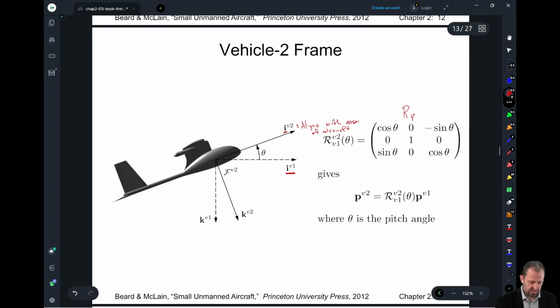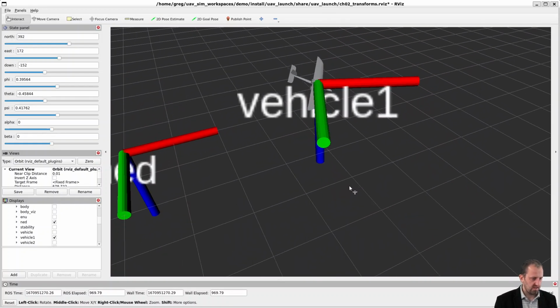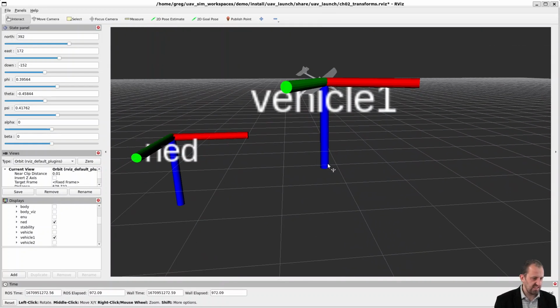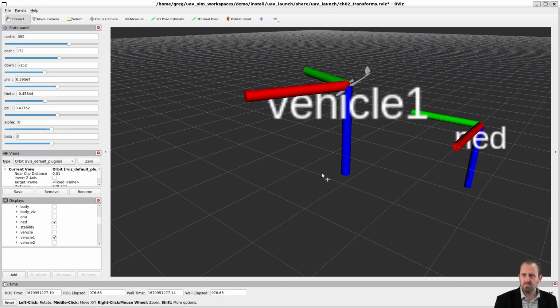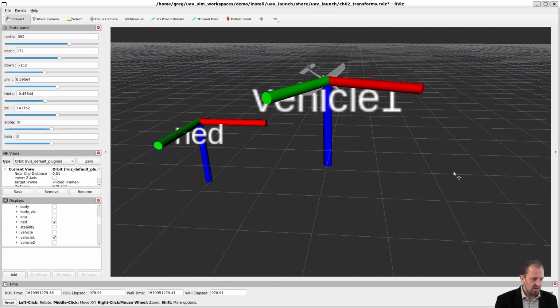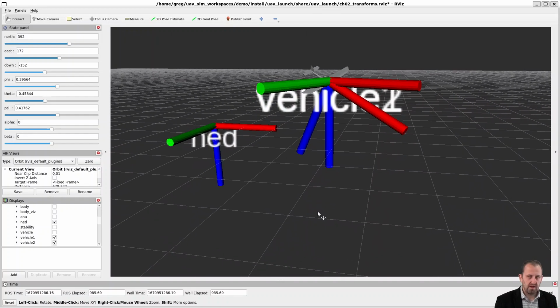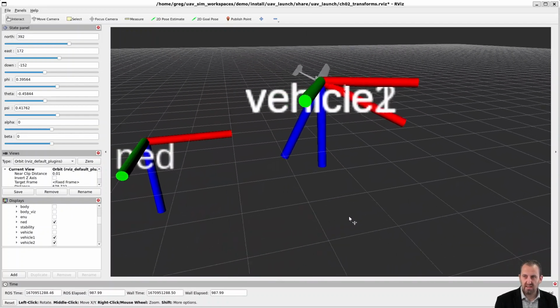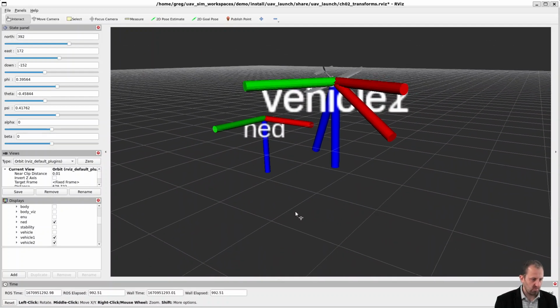Okay, so let's take a look at that. Again, we're displaying the vehicle 1 frame over here, and we can see that the x-axis isn't pointing directly out the nose. If we look at the vehicle 2 frame, the first thing to notice is that we've rotated about the y-axis, so they share the y-axis.